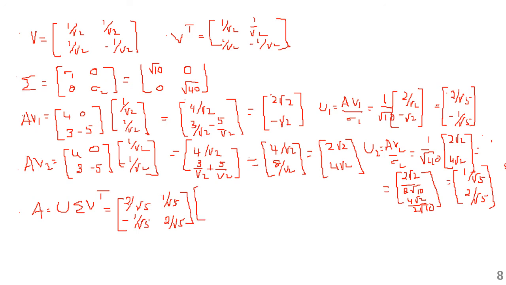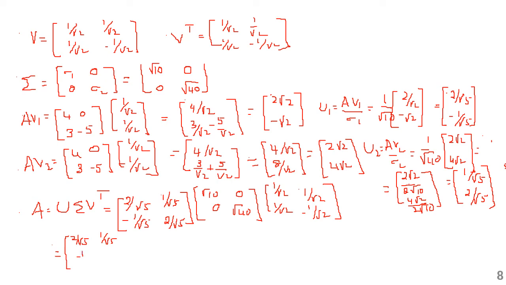Sigma is root 10, 0, and 0, root 40. And V transpose is given by 1 by root 2, 1 by root 2, and 1 by root 2, minus 1 by root 2. When we simplify it further, we get 2 by root 5, 1 by root 5, minus 1 by root 5, 2 by root 5.